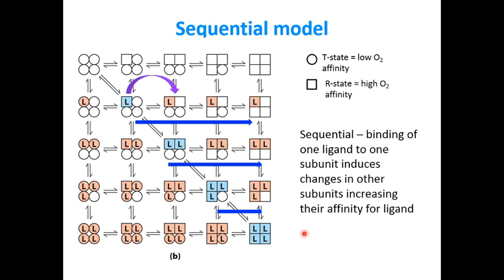I don't want you to remember how each and every step happens in the sequential model, but at the same time I want you to understand that these two models do exist, and one can use these mechanisms to explain how proteins function.